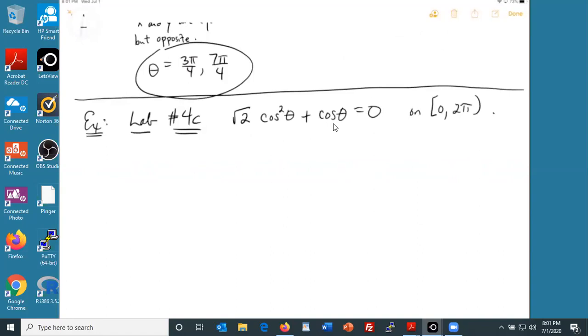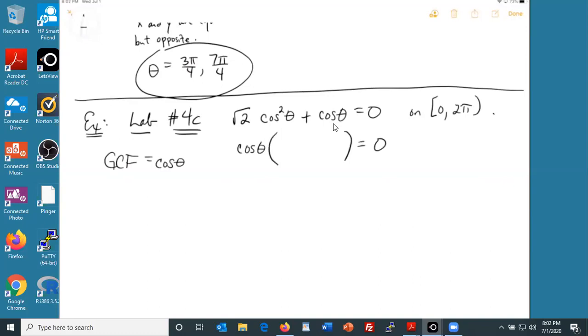All right, so now in this problem here, we're also going to factor. But here the factoring is the easier type of factoring, which we call the greatest common factor, where we can factor out a common term, and that common term is cosine. So I'm going to factor out a cosine from this equation. And that's going to leave me with, inside, square root of 2 cosine theta plus 1. All right, so just double checking that.